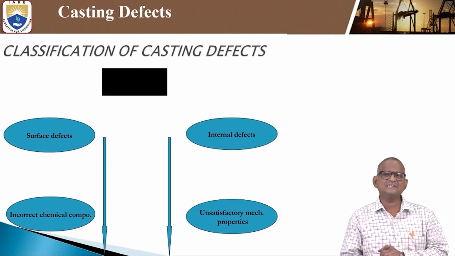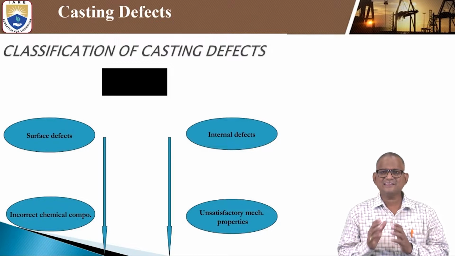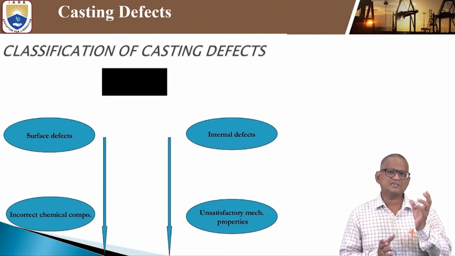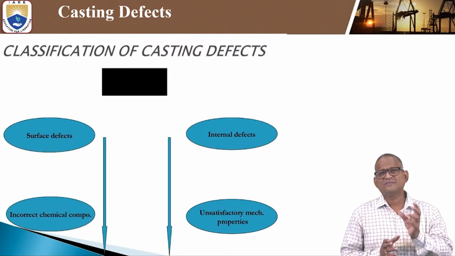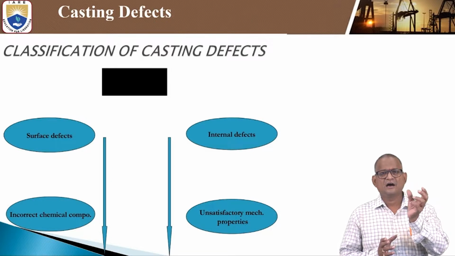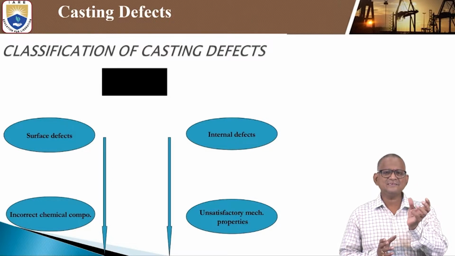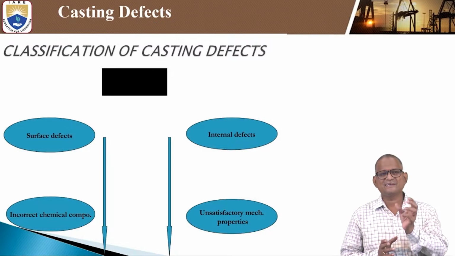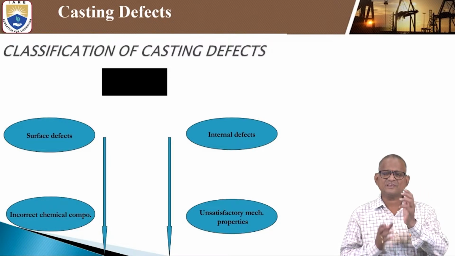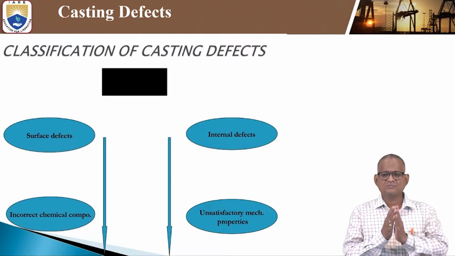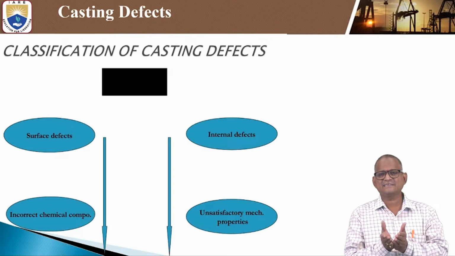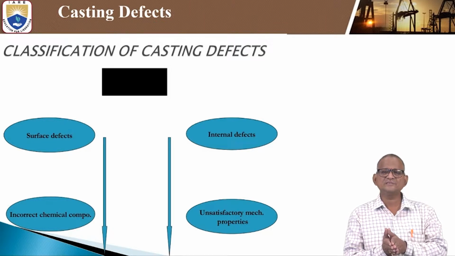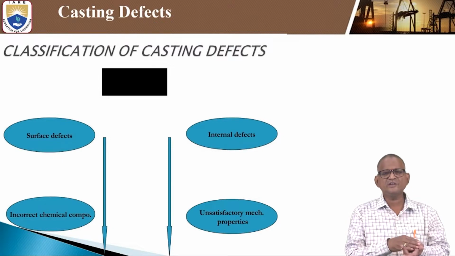Let us see the main classification of casting defects. As you know, the term casting can be defined as follows: the pattern is the object of the final component, a replica of the original casting. You prepare the mold cavity with the sand molding process, either hand molding or machine molding.